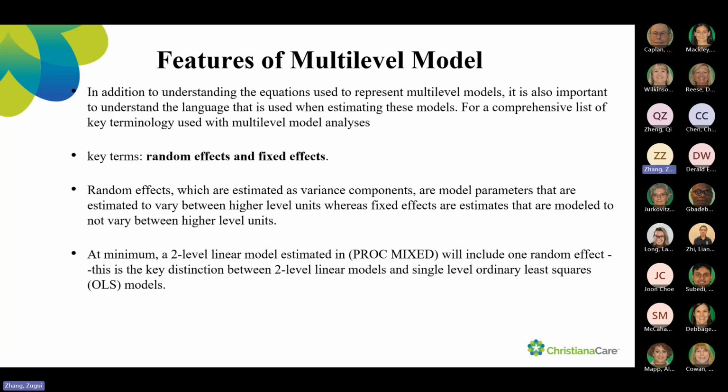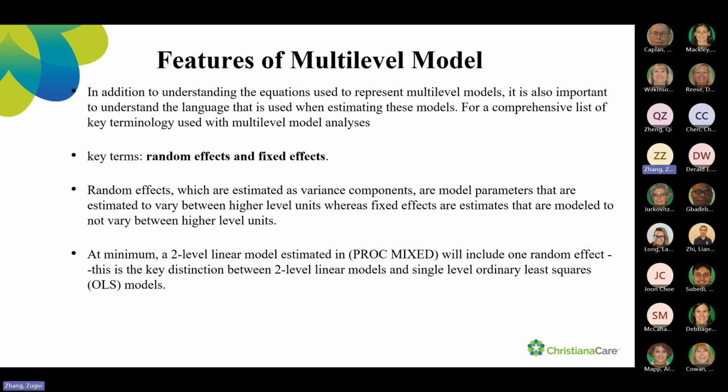If no random effects, no multi-level model. So random effects, which are estimated as variance components, are model parameters that are estimated to vary between higher level units, while fixed effects are estimated to not vary between higher level units.